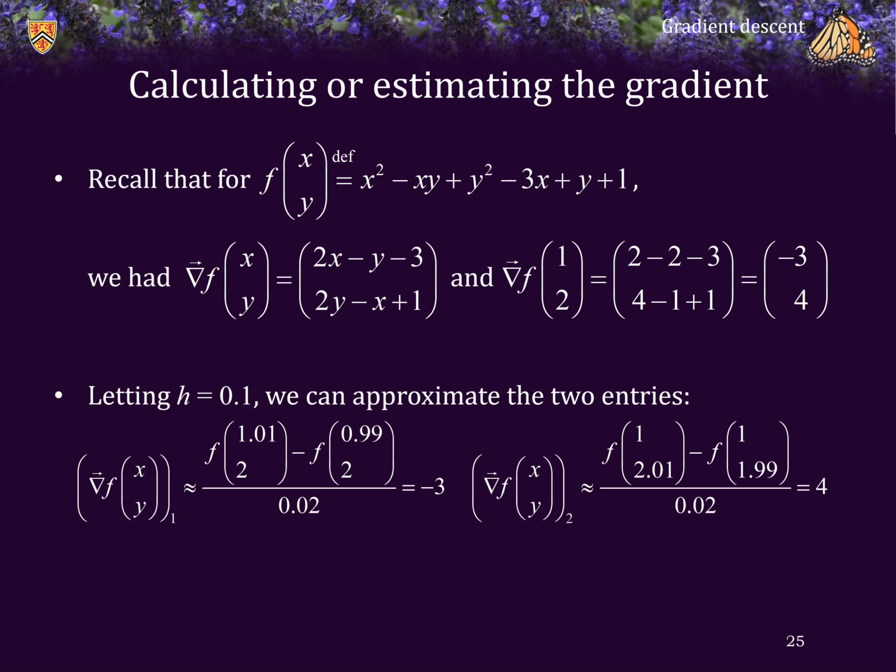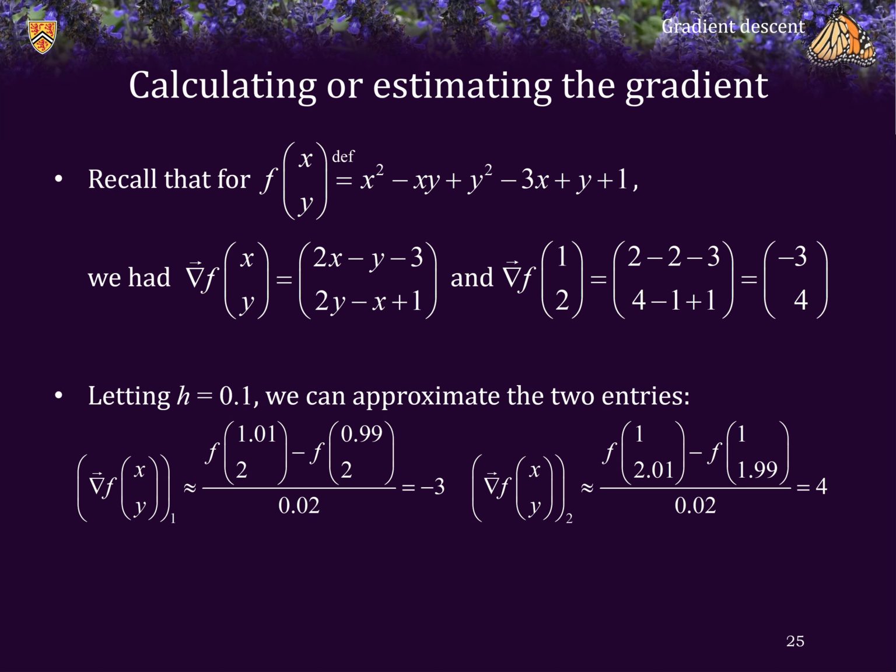Well, you should recall that the error of this approximation of the derivative depends on the third derivative of the function. But wait a second, this is a quadratic, so the third partial is always going to be equal to 0.